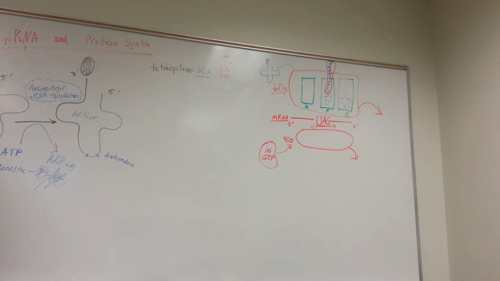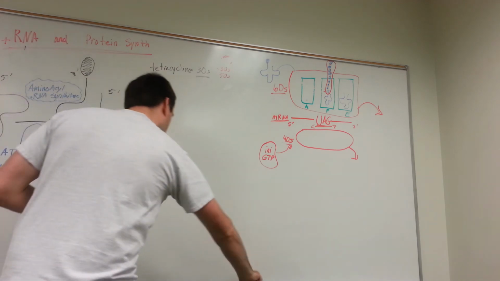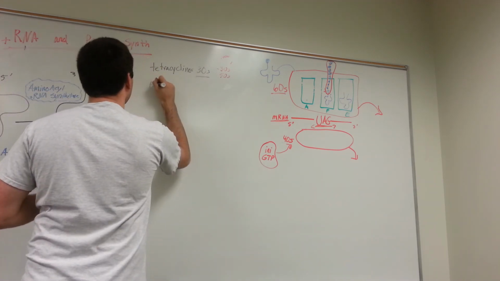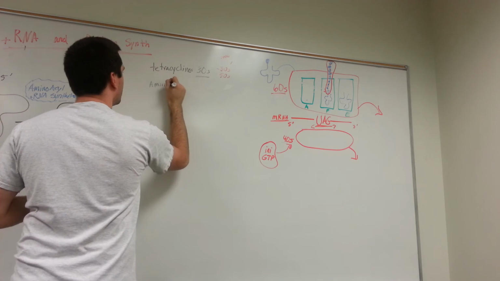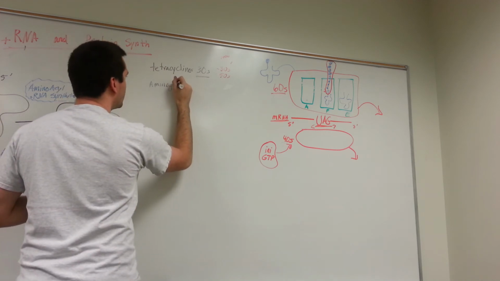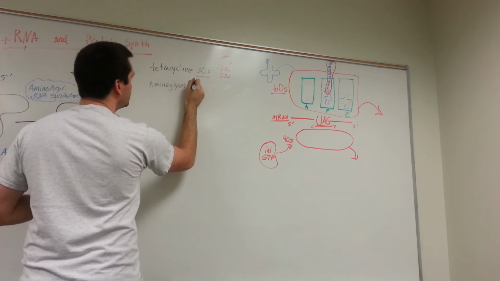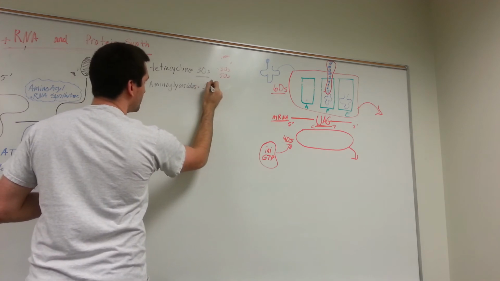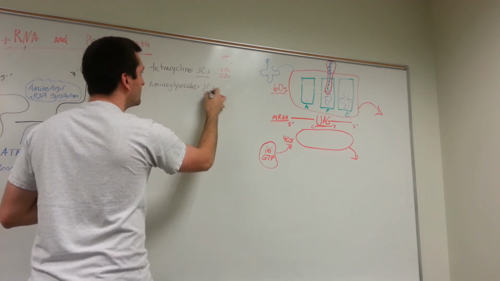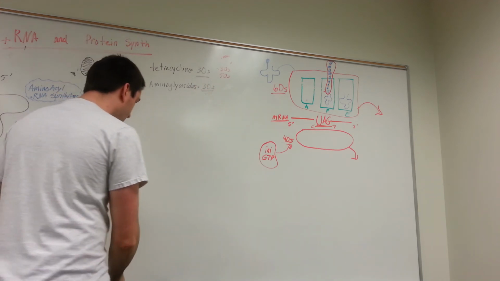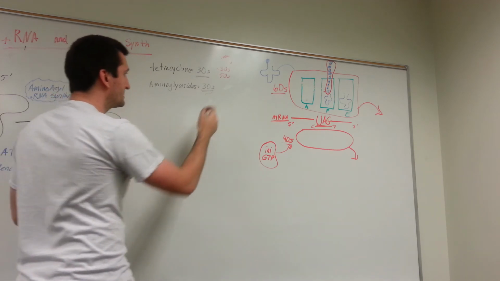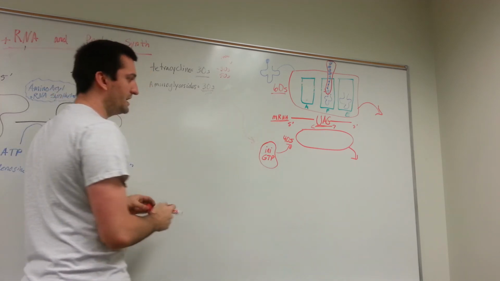There are other antibiotics like aminoglycosides, which also bind the 30S subunit. However, the mechanism of action is going to be a little different. It's going to block the initiation step.